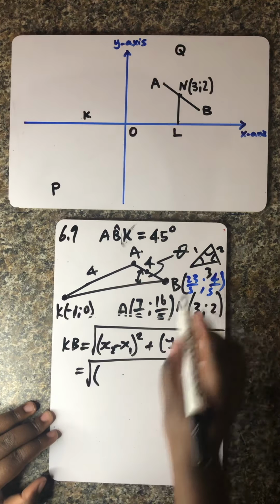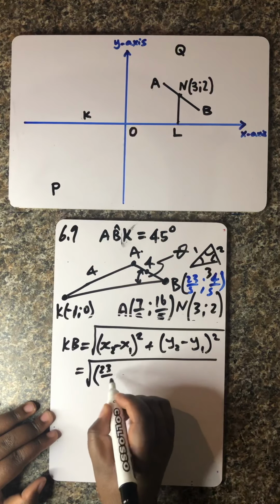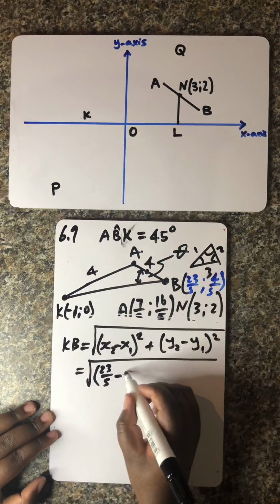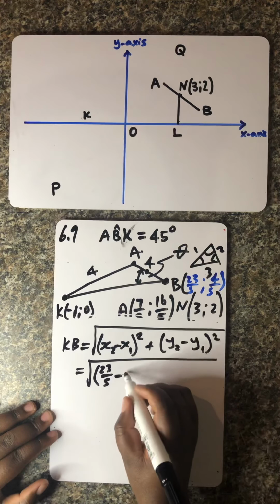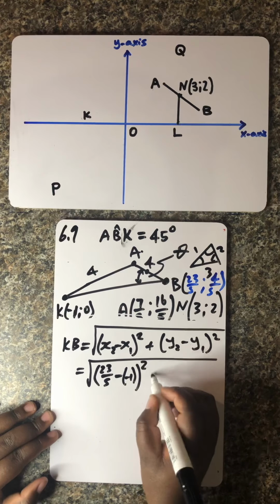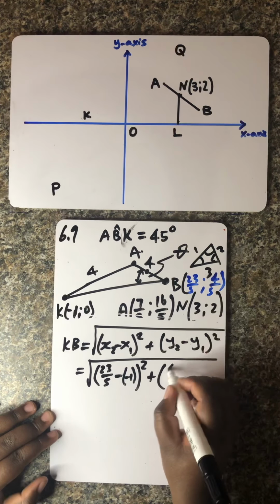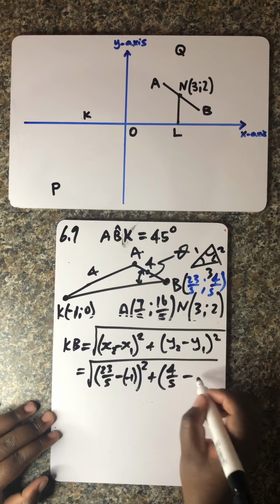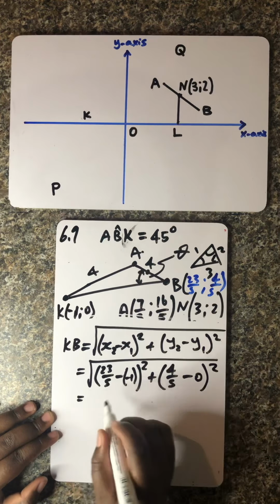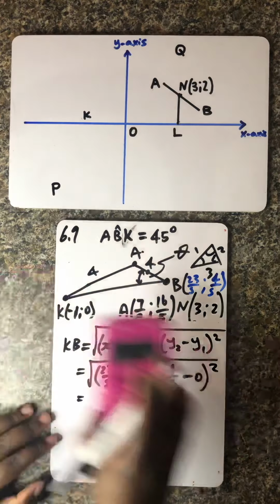what is x2? Then you can just say 23 over 5 minus x1. It's obviously negative 1. So still in brackets, you just say negative. You close, you add, then it's 4 over 5 minus there y is 0, then you square it. Then you punch all of this, you get the distance.